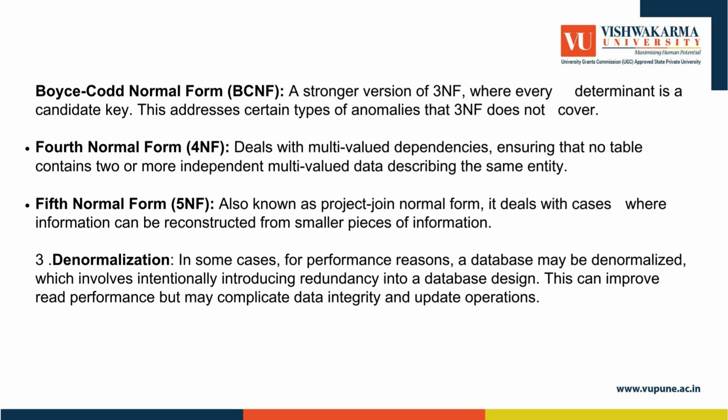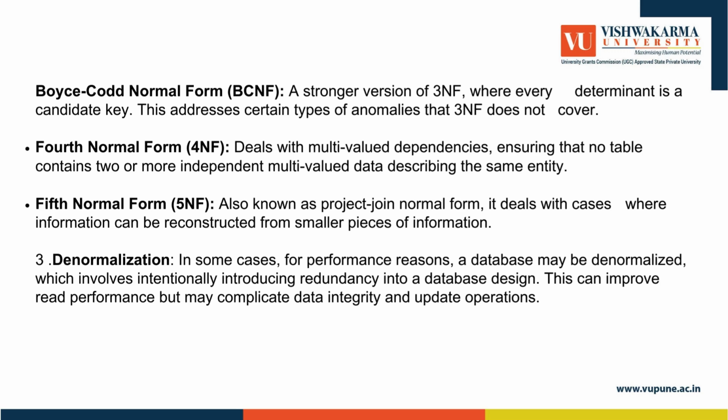Fourth normal form, 4NF, deals with multi-valued dependencies, ensuring that no table contains two or more independent multi-valued data describing the same entity. Fifth normal form, also known as project-join normal form, deals with cases where information can be reconstructed from smaller pieces of information.